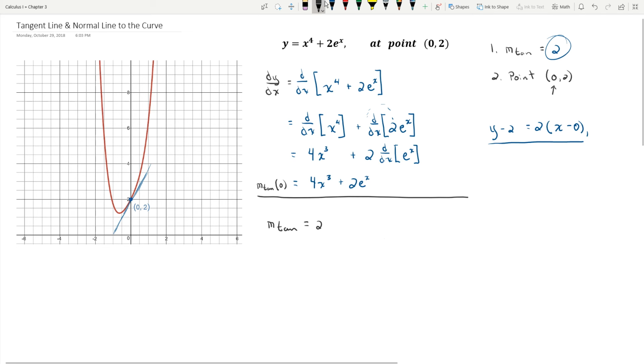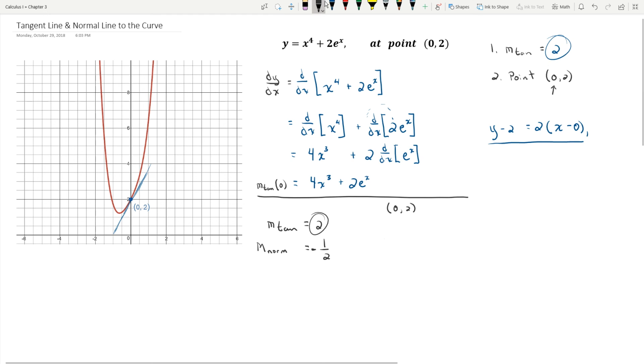To find a perpendicular line to the point 0, 2, all we will do is we will say that the normal slope, and I'm really not sure how to notate that, so I'm just going to call it M normal. And we're just going to take this 2, and the first thing we're going to do is take the reciprocal of 2, which is 1/2, and we're going to add a negative sign.